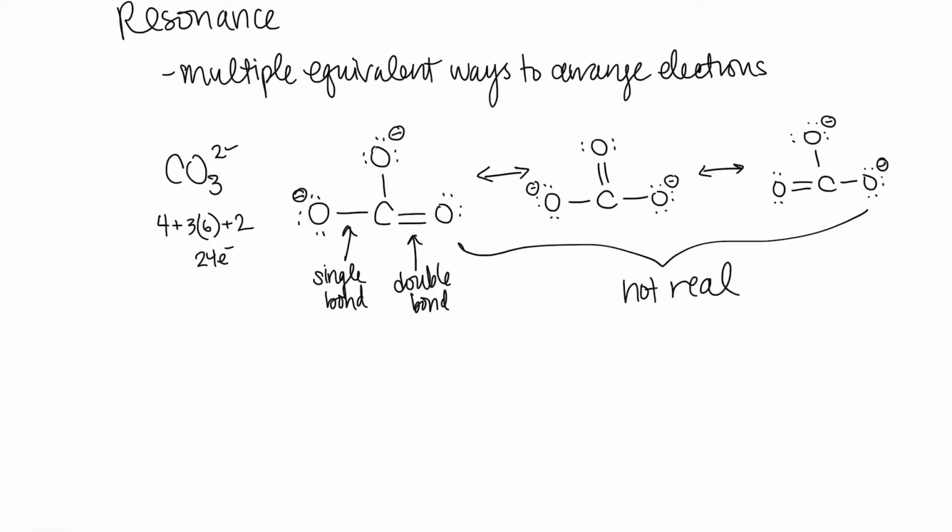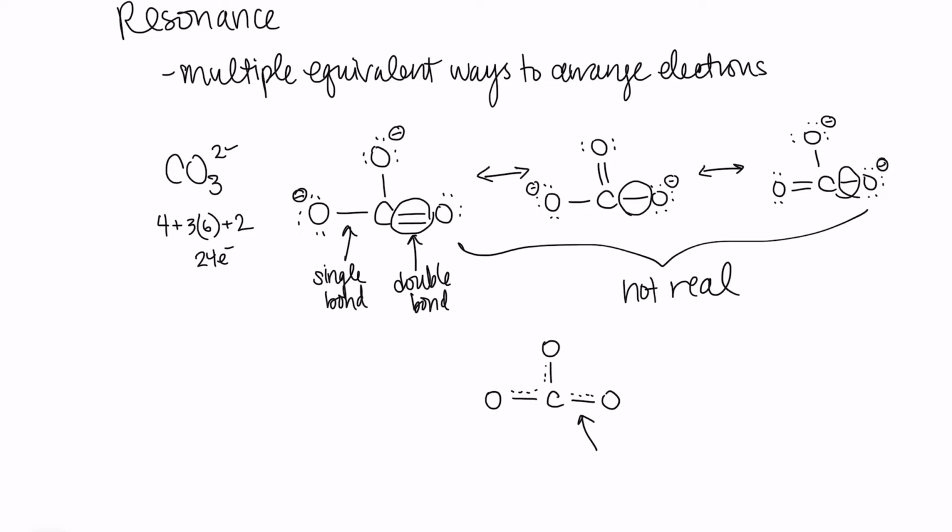In reality, what we end up with is a sort of hybrid. So sometimes we'll draw a molecule with our single bonds, but then we'll draw dashed lines that sort of show there's some double bond character here in those oxygen-carbon bonds. And in reality, if we take the average or the hybrid of the molecules that we drew, notice in the left one we've got a double bond here, we've got a single bond, we've got a single bond.